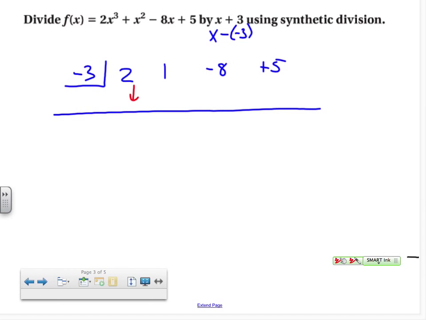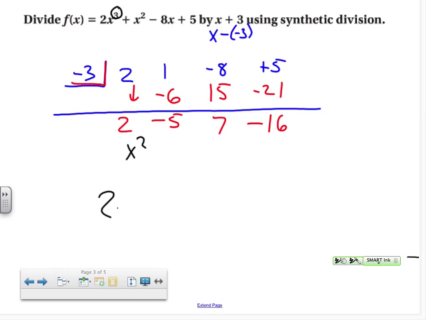Add, 2 plus 0 is 2. Multiply, 2 times the box. 2 times negative 3 is negative 6. We'll add. We'll multiply. We'll add, we'll multiply, and we'll add. So these are our numbers. Our answer, if this is a third power, this will be the second power.